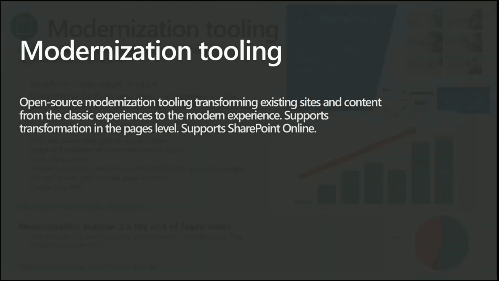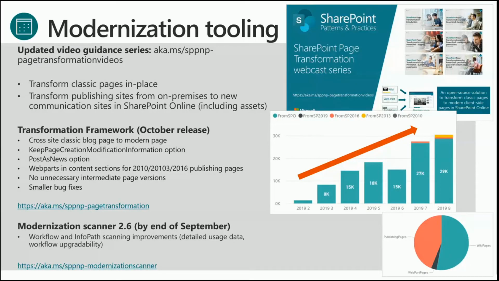Quick recap from Bert's side on the modernization side. Modernization tooling. Yes, modernization tooling, 2 components: the transformation framework, the tool to take classic pages and generate modern equivalents, and then the scanner. About the transformation framework, the page transformation tech, for the October release we have some really cool new things, some really useful new things in my opinion as well.